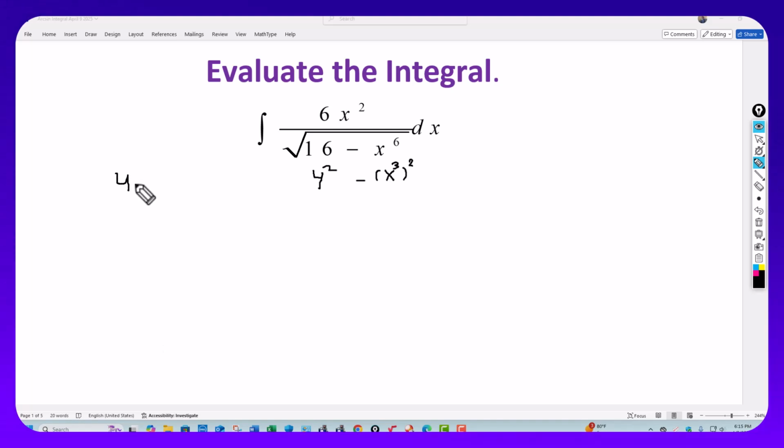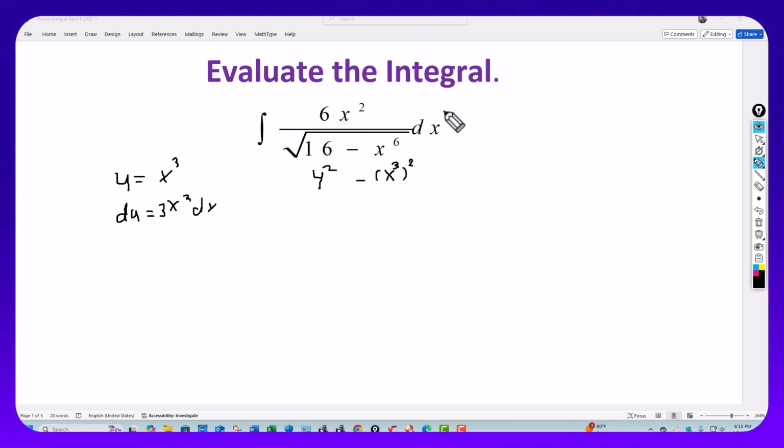So I could let u equal x to the third. Then du would be 3x squared dx. So the 4 would be the a, 4 squared, so it would be a squared minus, and the x to the third would be the u. So there you have it, a squared minus u squared.